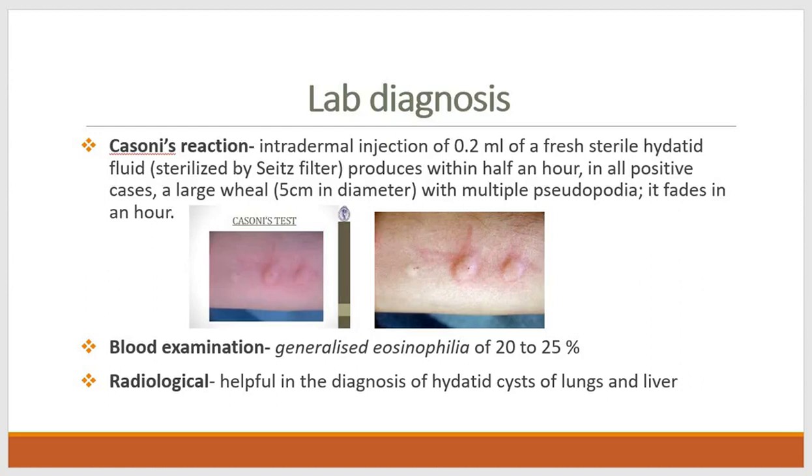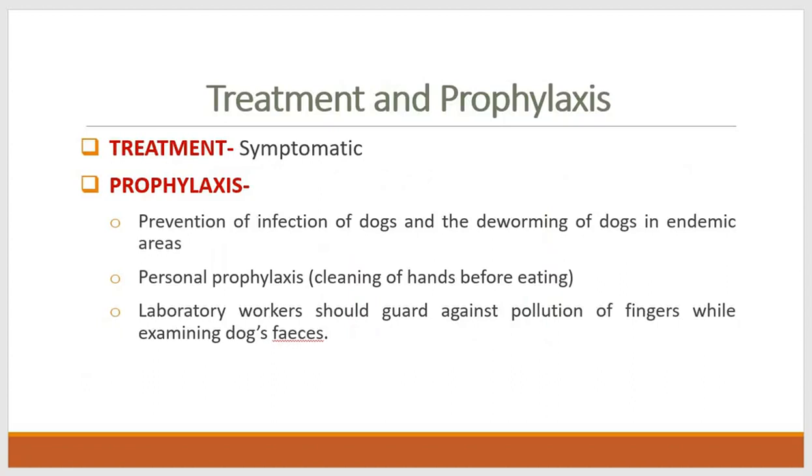If you do the blood examination, general eosinophilia is found, up to 20 to 25%. Radiological examinations are helpful in the diagnosis of hydatid cyst of the lungs and the liver.